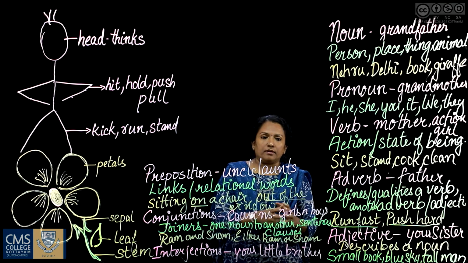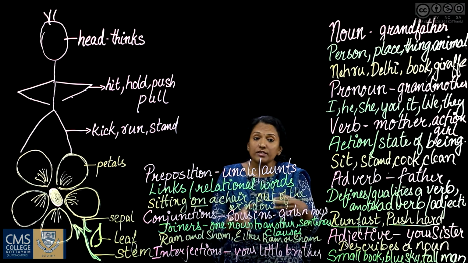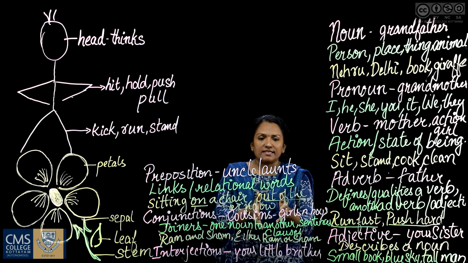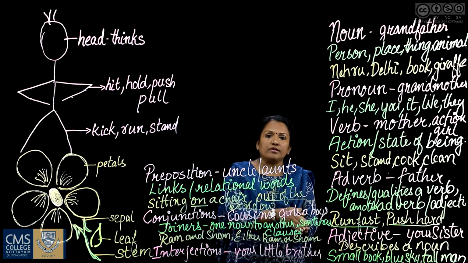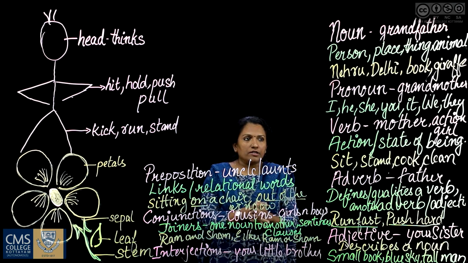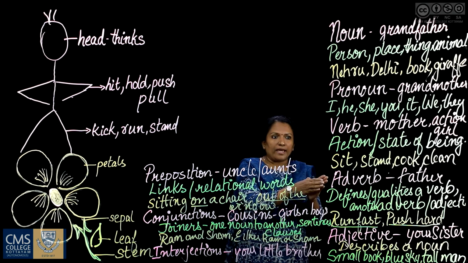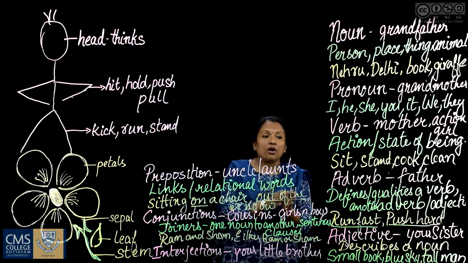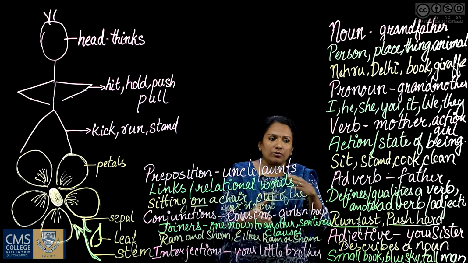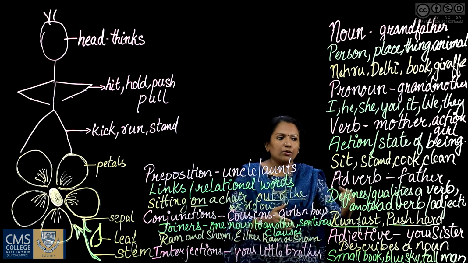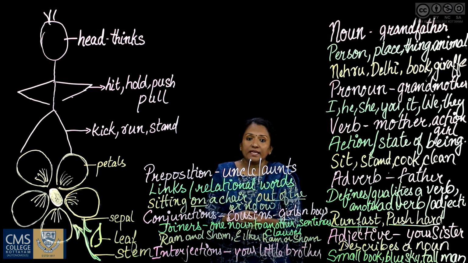I am talking, where talking is the action, but am also stands as a state of being for the verb. So you have the verb where you have the action or the state of being. So sit, stand, cook, clean would be verbs.